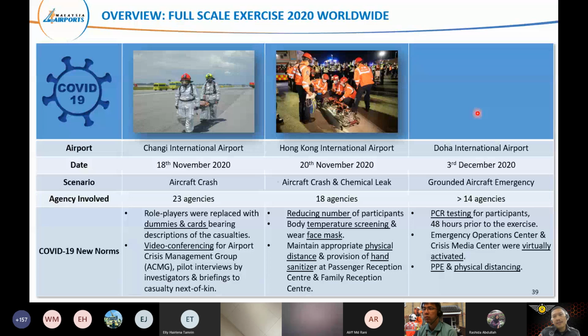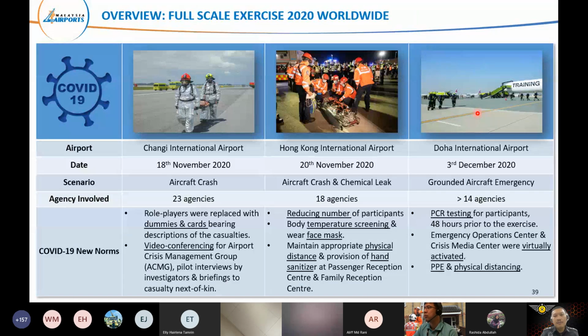While in Doha, Qatar, on 3rd December 2020, they had a scenario on a grounded aircraft emergency. The full-scale exercise involved 14 agencies. But what they did in Doha is beyond expectation. All participants needed to do PCR testing, the swab test, 48 hours prior to the exercise.